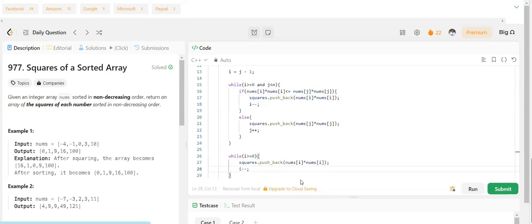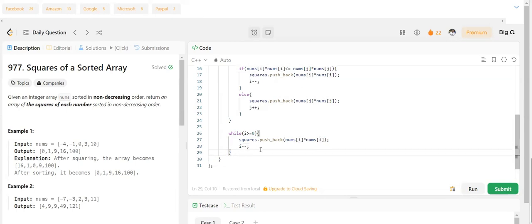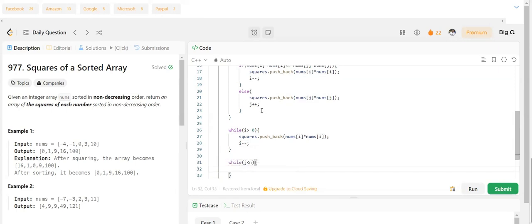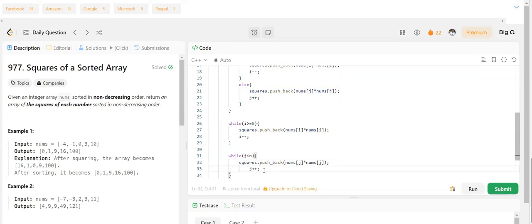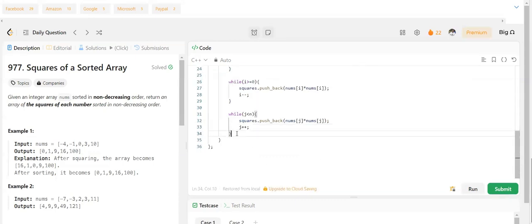So we will push the square of the negative number and decrement the counter by 1. Else, if the square of the positive number is remaining, we will push the square of the positive number and keep incrementing the counter by 1. Once we are done pushing the remaining numbers also, we will return the squares vector.